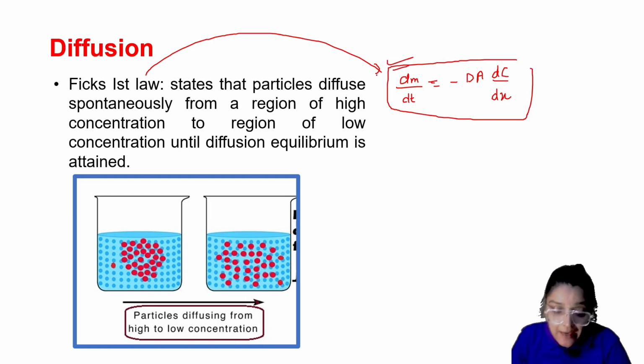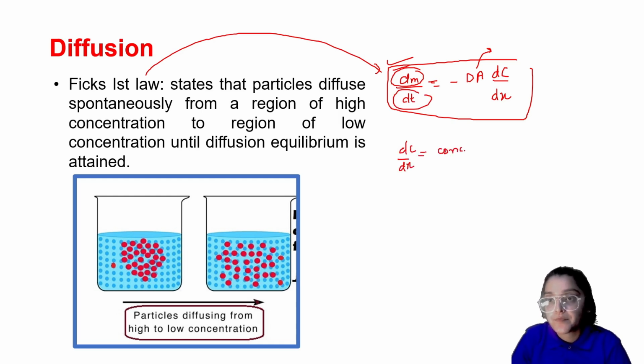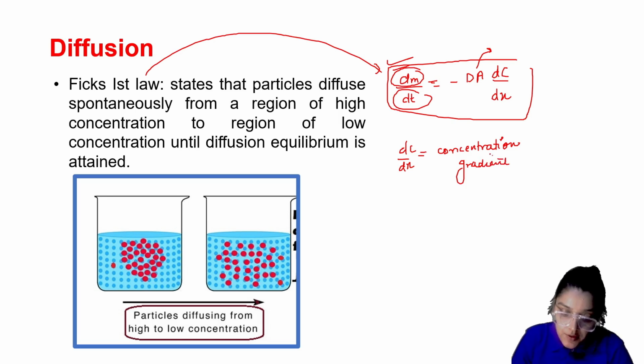Now this dm is the mass of substance that is diffusing across the area A. This is the mass of substance diffusing in the time dt under the influence of the concentration gradient, which is dc upon dx. Okay students, and D is what? D is the diffusion coefficient.